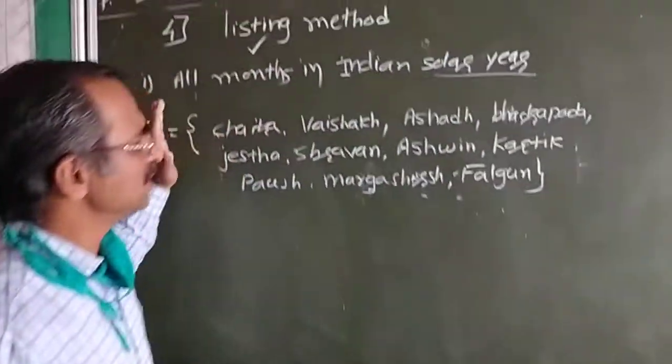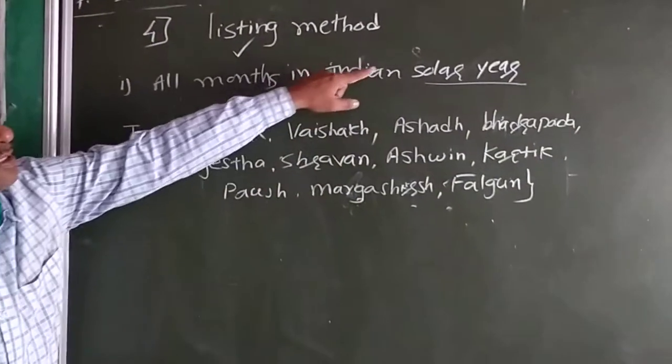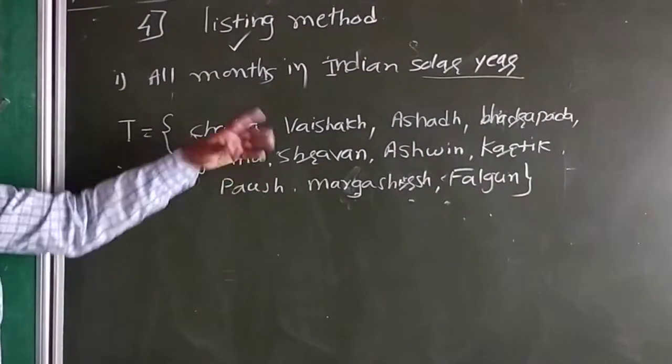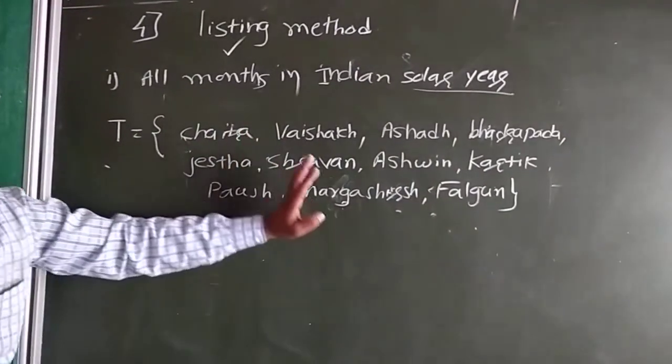When I do not write it in serial order, we know that there are 12. In any order we write it, that answer is correct.